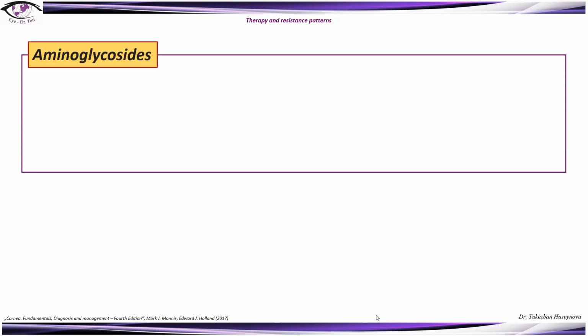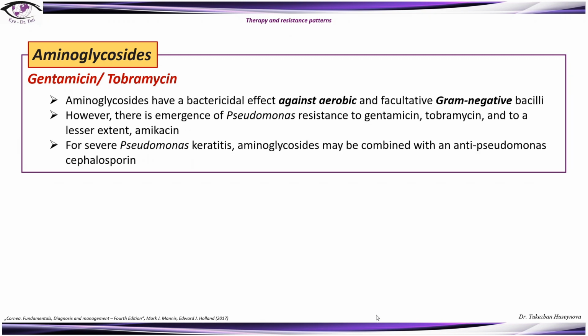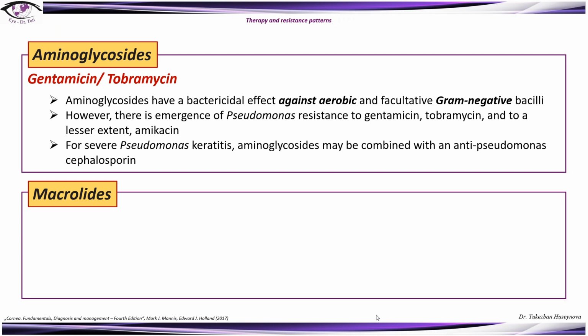The next one is aminoglycosides: gentamicin and tobramycin. These antibiotics have a bactericidal effect against aerobic and facultative gram-negative bacteria, and can also be used in combination with an anti-pseudomonas cephalosporin.